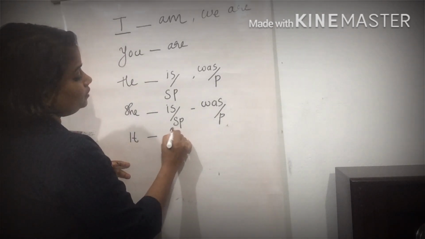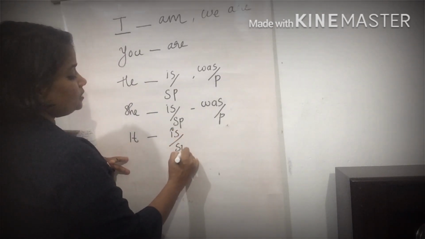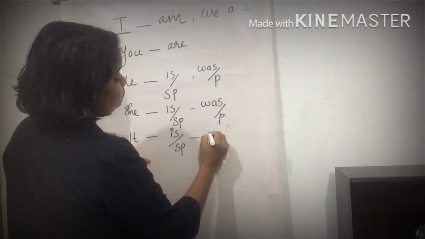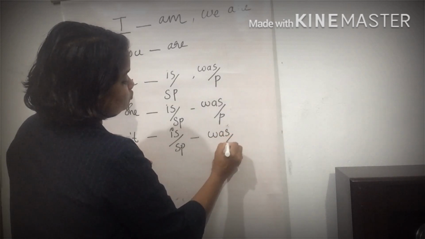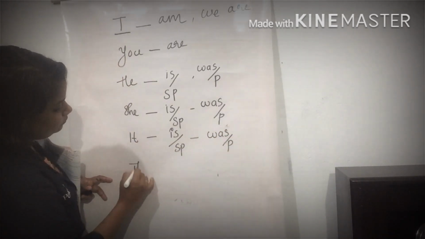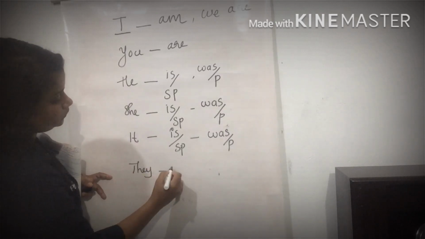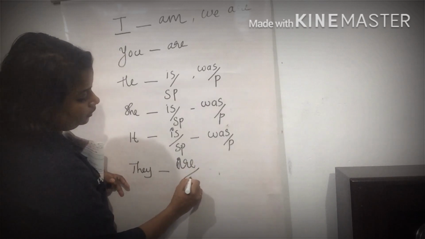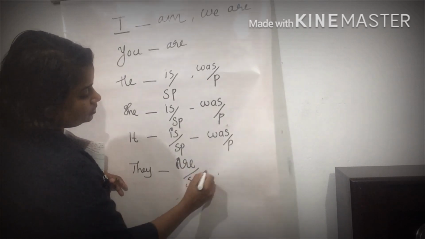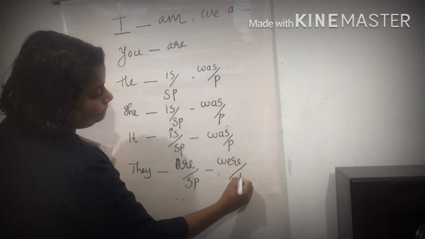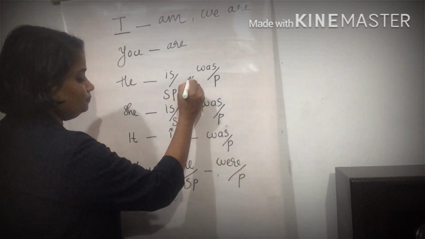We are using the simple present tense form of be, is, and was in the case of past tense. The next one is they. They are, we use in simple present, and were in past tense.